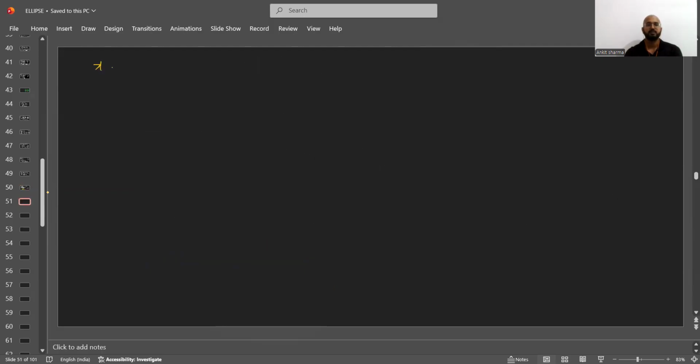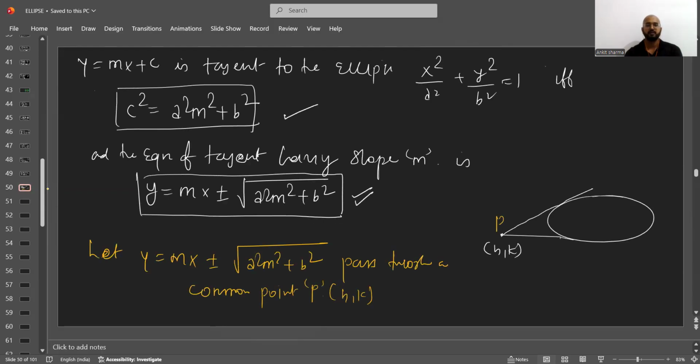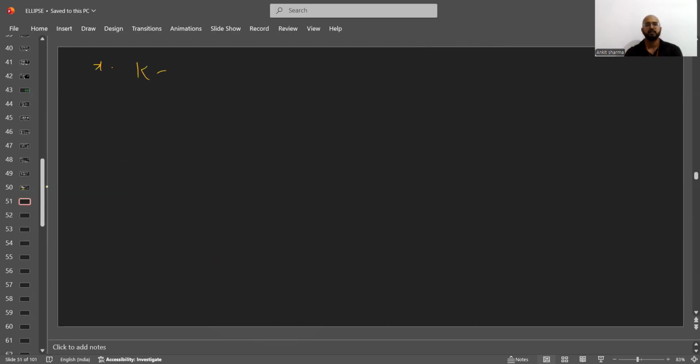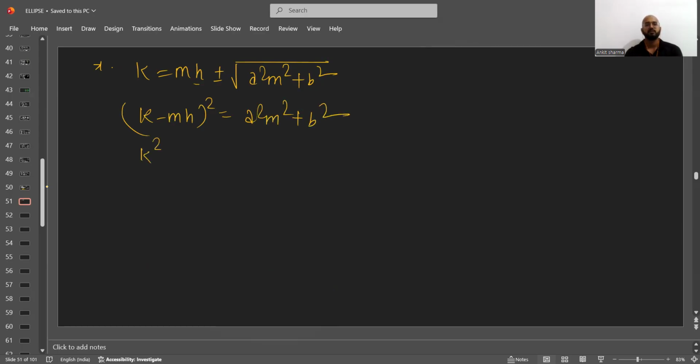I can plug in here: k is equal to mh plus or minus root of a square m square plus b square. So I can cancel this one here, so I get k minus mh whole square is equal to a square m square plus b square. We can open this: k square plus m square h square minus 2kmh is equal to a square m square plus b square.